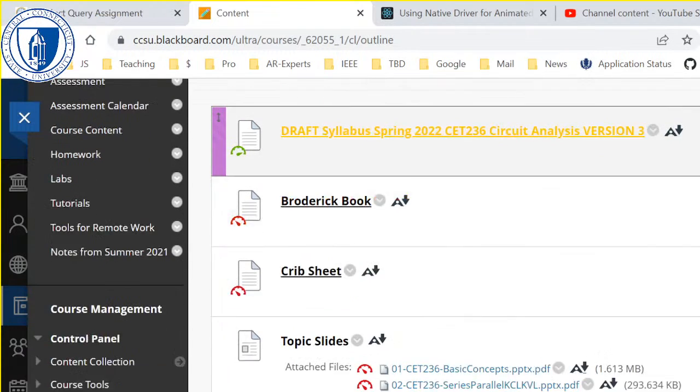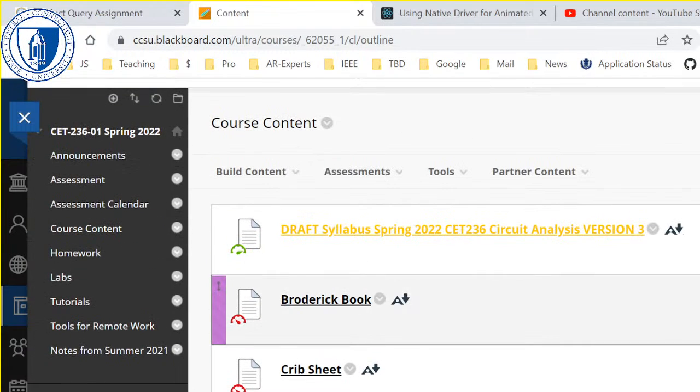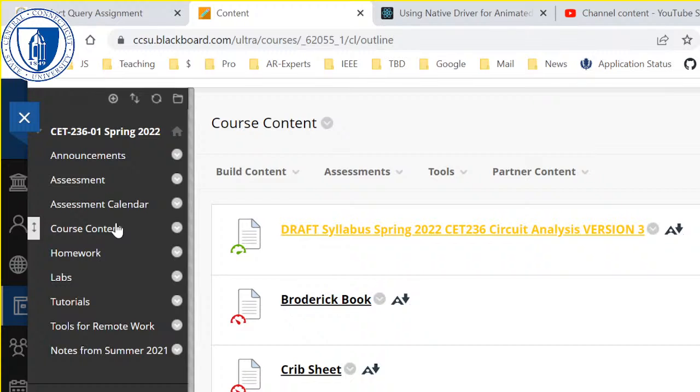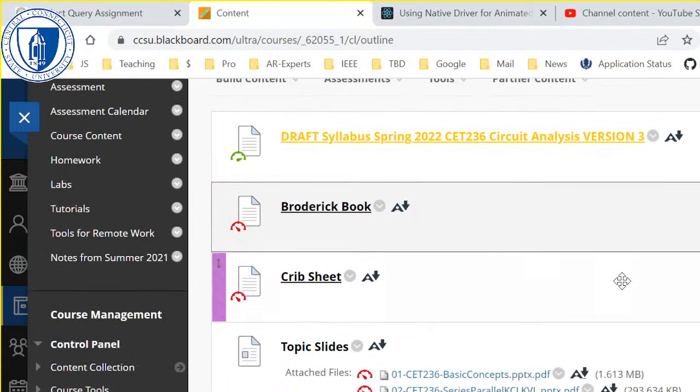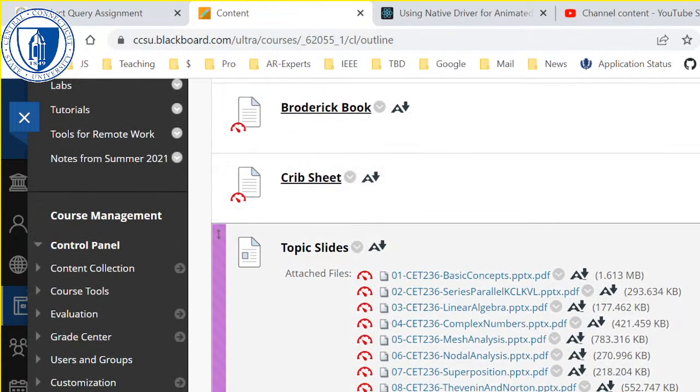So this is the home page called course content. You can also get there by clicking on course content. And all the slides I've been using, the PDFs are there, right? So if you need to get access to a PDF version, they're all there.